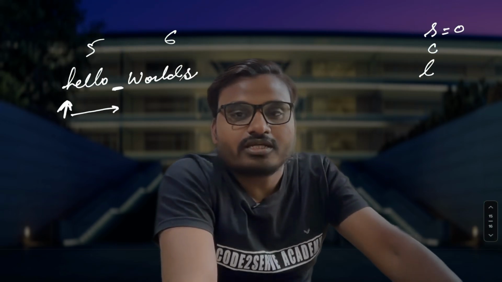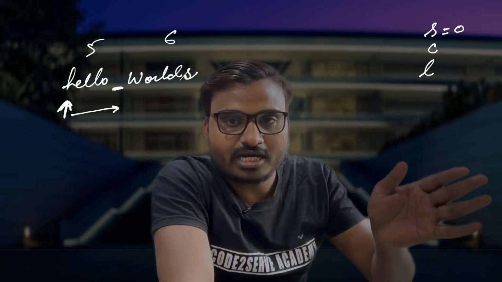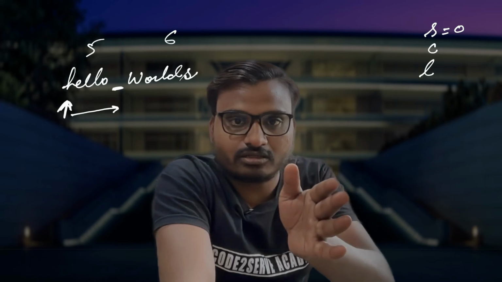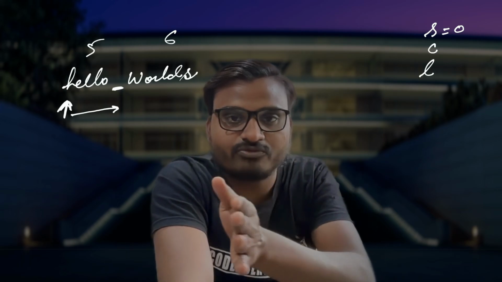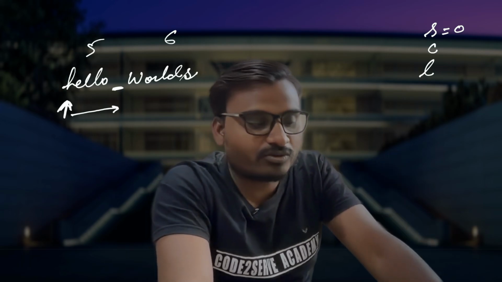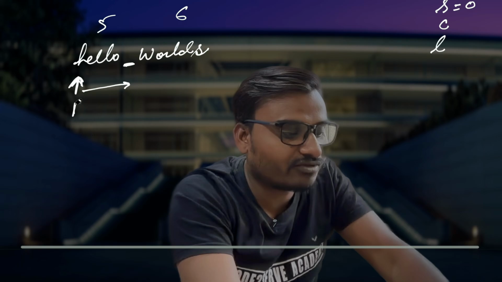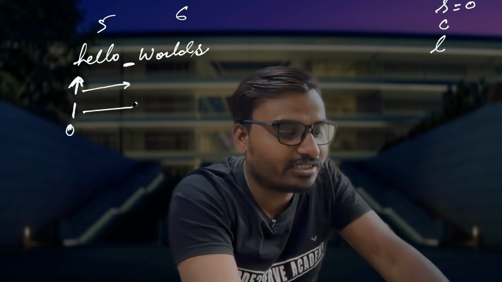Now start is 0, we are starting from 0 and iterating in a for loop, going forward, and whenever we find a white space, we stop. After stopping, we do a substring, a slice, from the start, that is index 0, till white space minus 1.